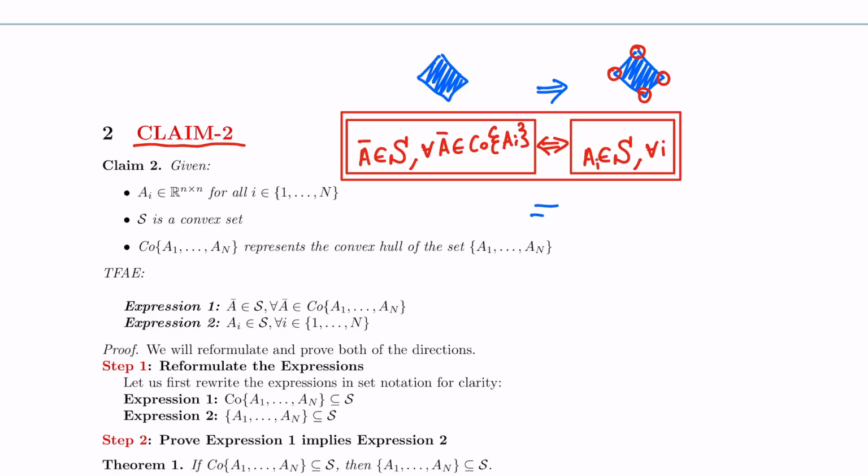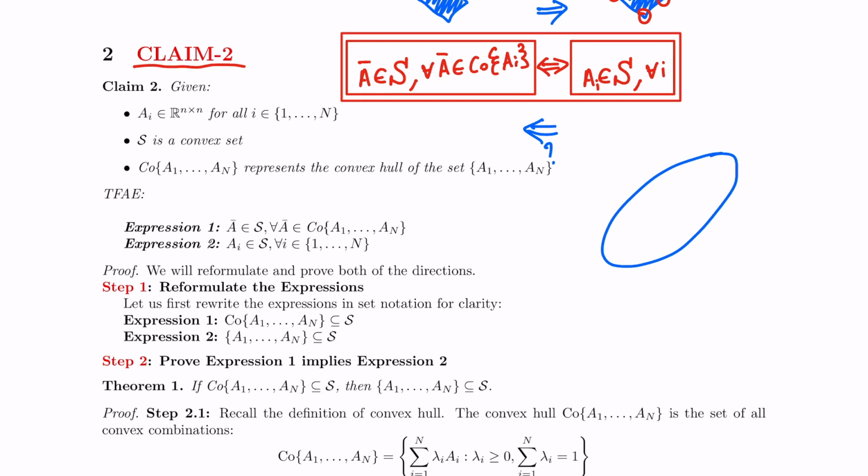The real issue is why it is implied by the expression we have here. So the other direction may not make sense directly. But this basically comes from, I'm not going to go over the complete proof, but this comes from the fact that this set is convex, and here we have, let me use my convex set drawing skills.